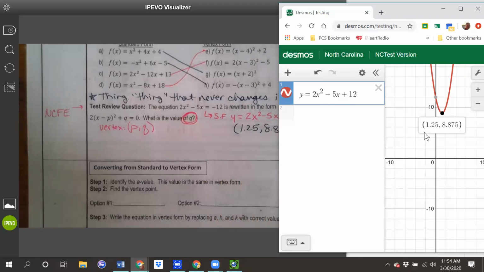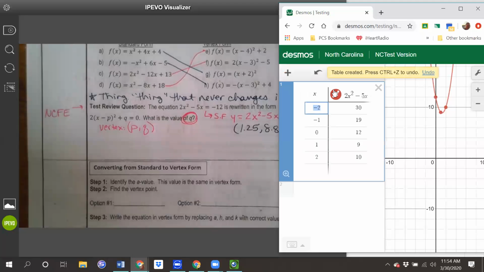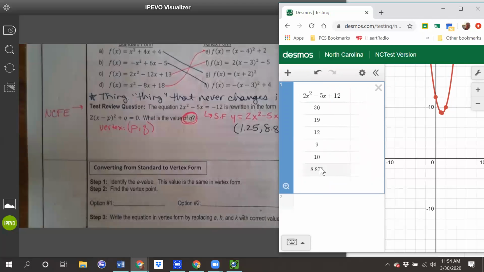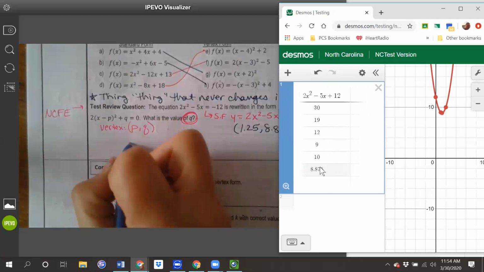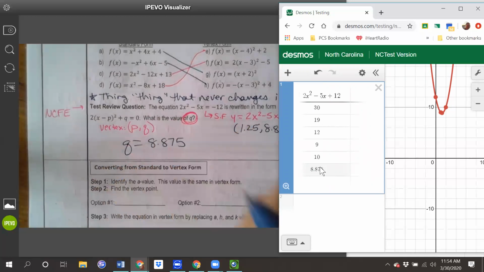So instead of using algebra to plug in, this is a shortcut. I'm going to plug in 1.25, which gives me exactly 8.875. So that is my Q value. So Q is equal to 8.875.